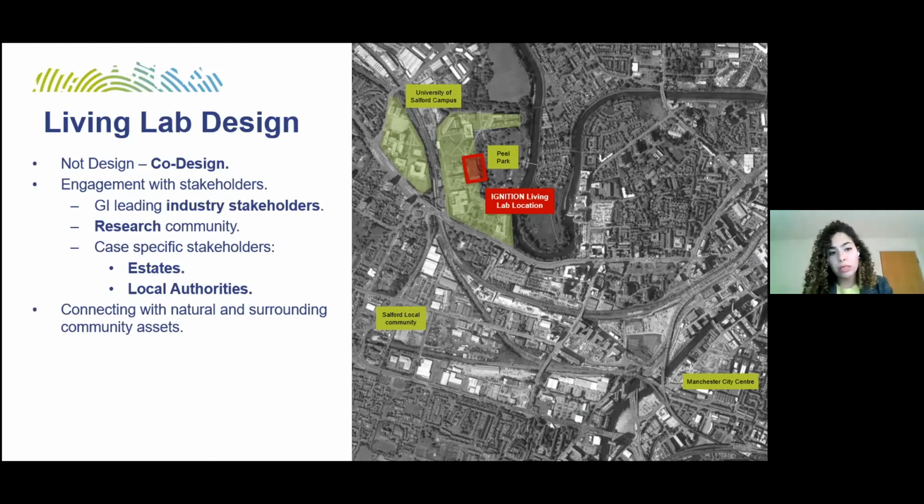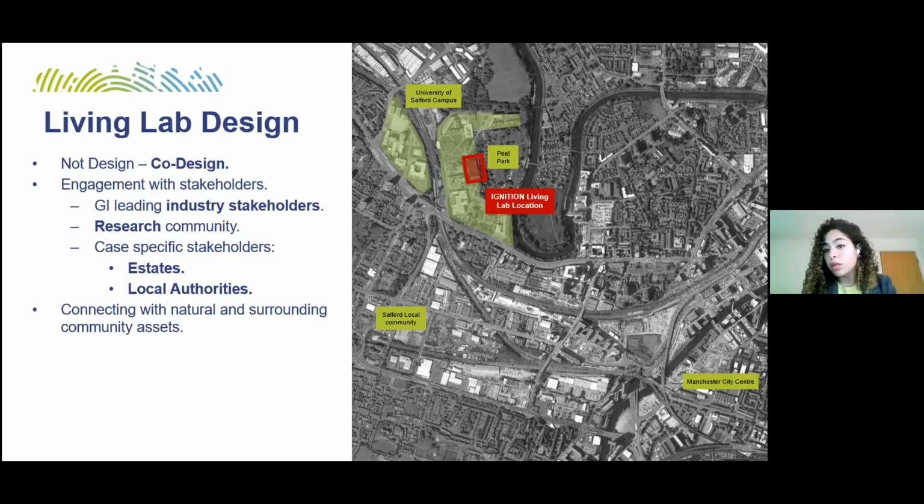So we started with the design, and the most important thing about the design of the Living Lab is that it's a co-design process. It was not developed in one stage, and it was not developed by one person. It was developed through an iterative process of stakeholder engagement, of partner engagement, making sure that we integrate all the different aspects and all the different perspectives.